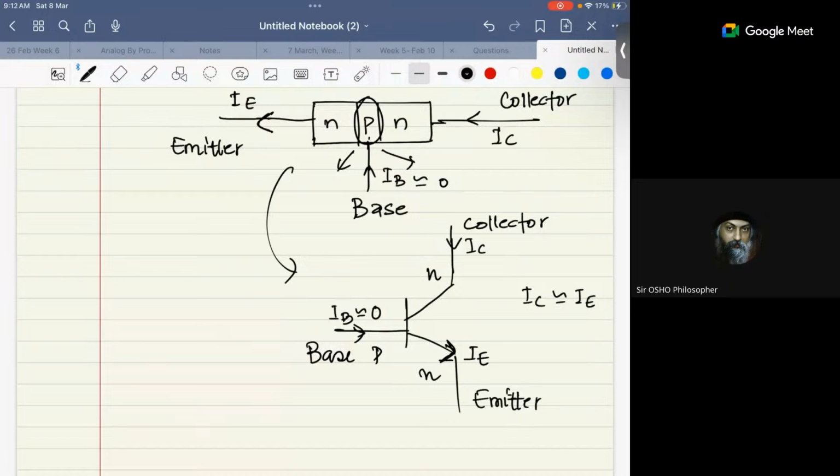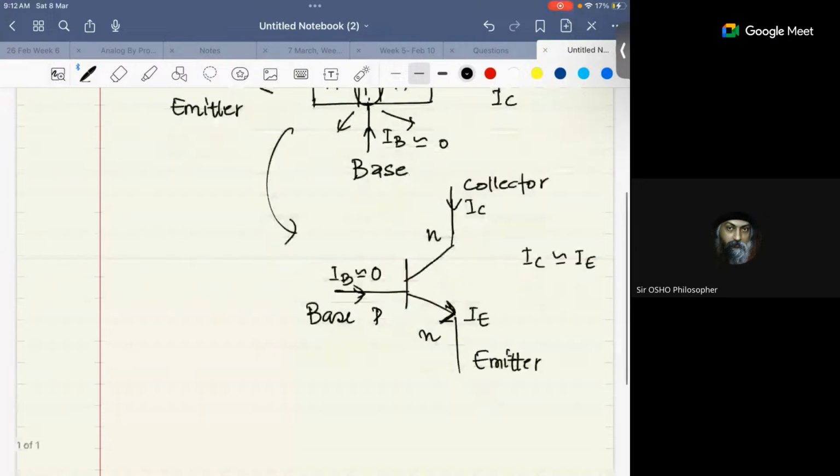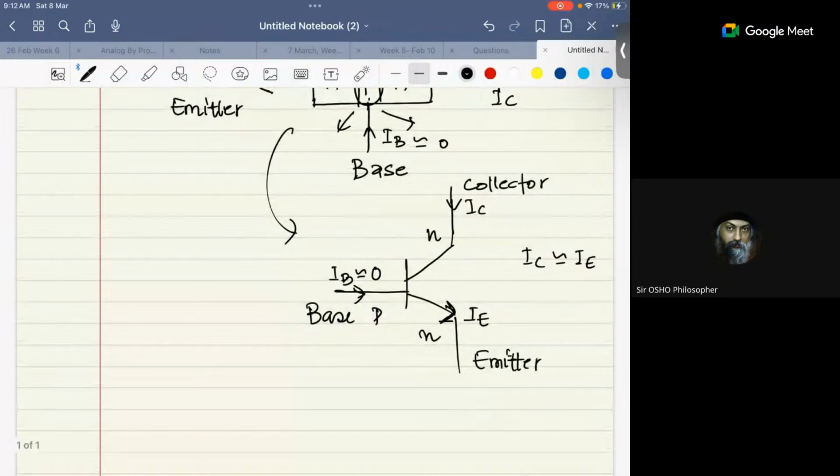Everywhere you can use your KCL, KVL, whatever you were dealing with from the starting. Let's say this is a collector, this is the emitter, and this is the base. IC is coming in, and similarly IB is also coming in.